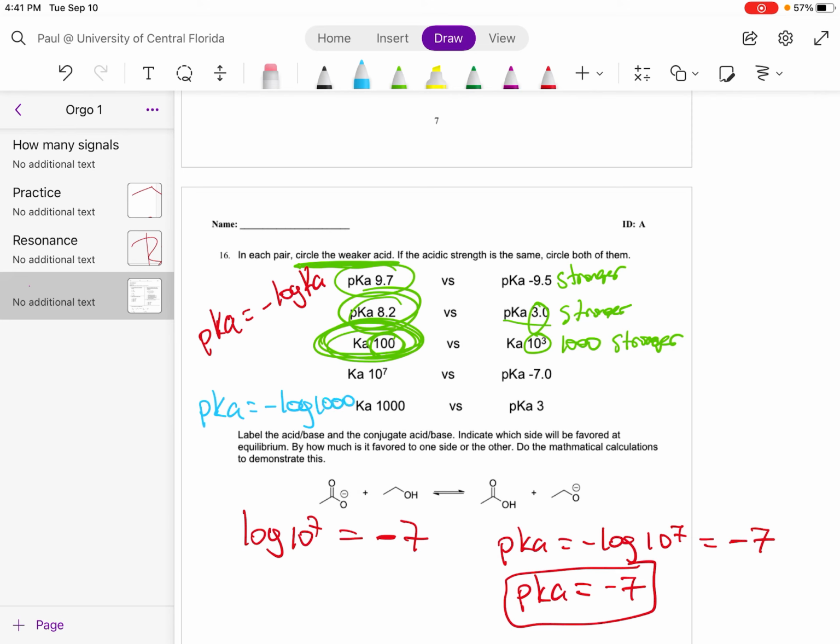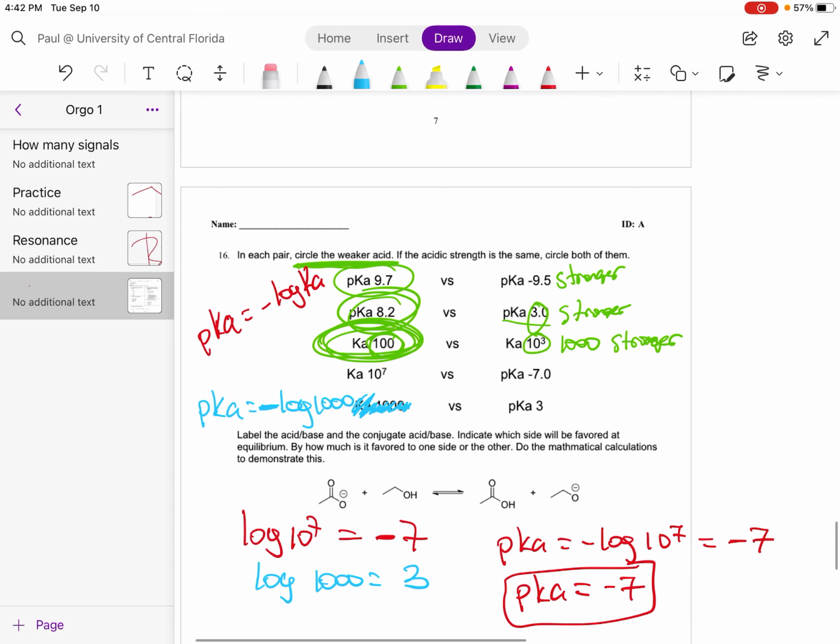If we take the log of 1,000, that equals 3. Okay? And so we can scratch that out, but remember, there's this negative sign here. Okay, so we have the Ka of 1,000 also is the pKa, which equals negative 3.